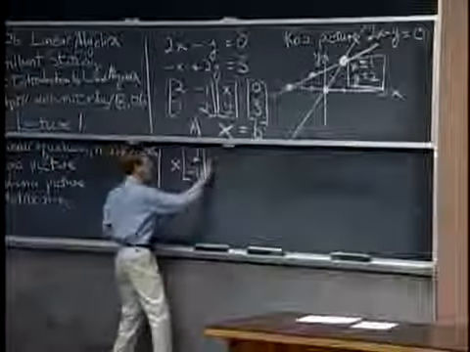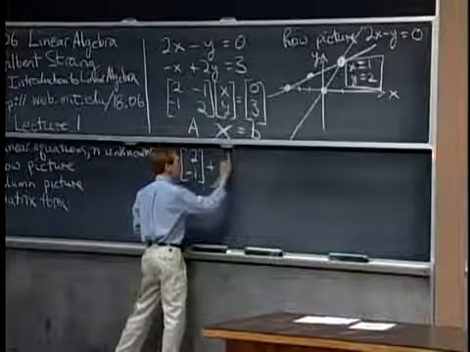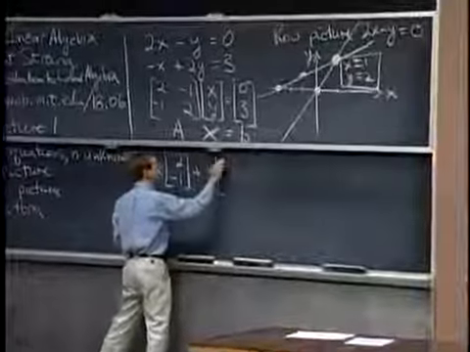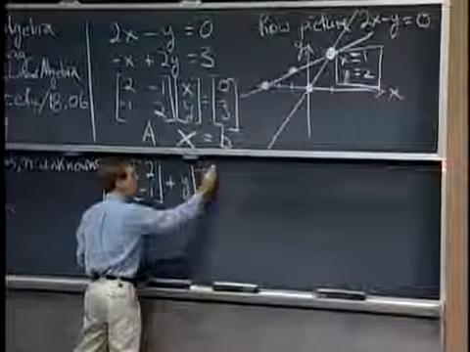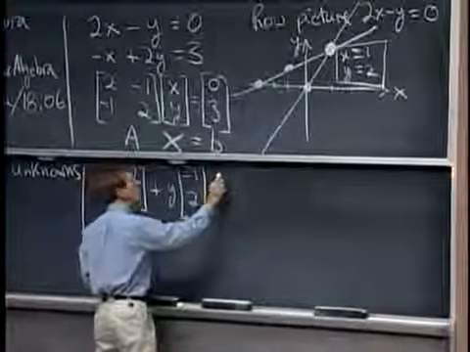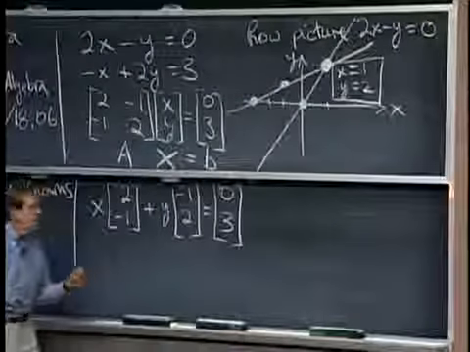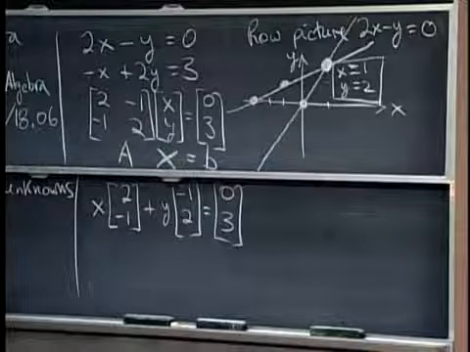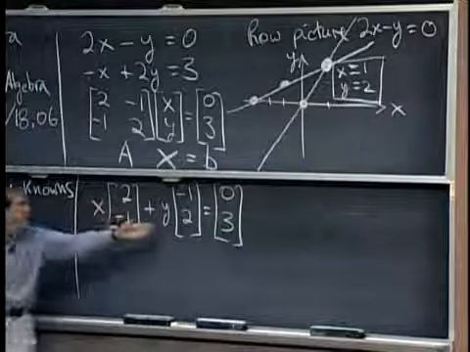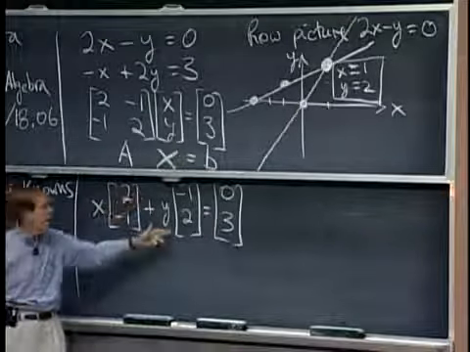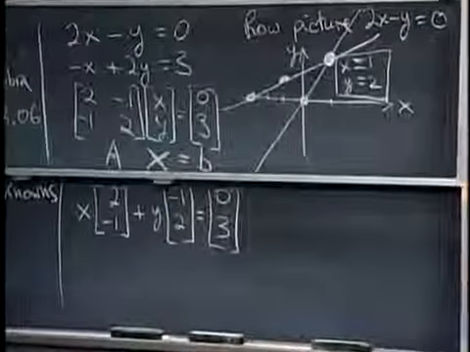That part, and then I have a y, and in the first equation it's multiplying a minus 1, and in the second equation a 2, and on the right-hand side, 0 and 3. You see the columns of the matrix? The columns of A are here, and the right-hand side B is there.